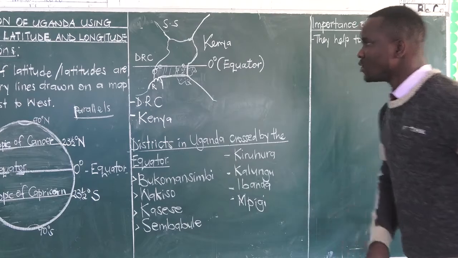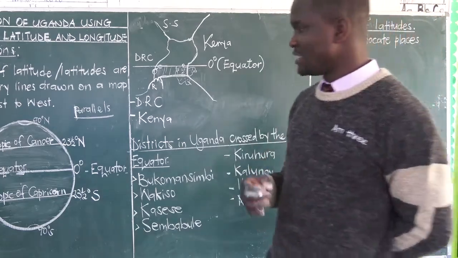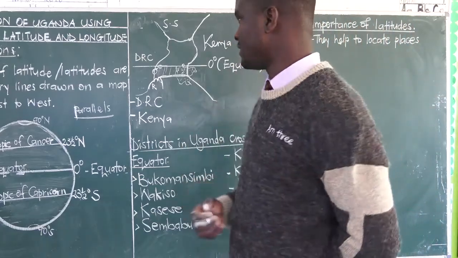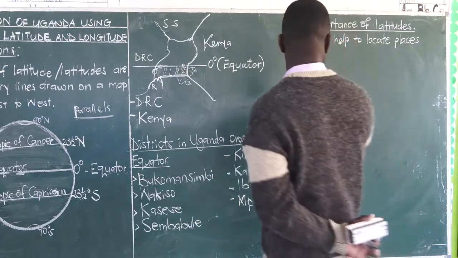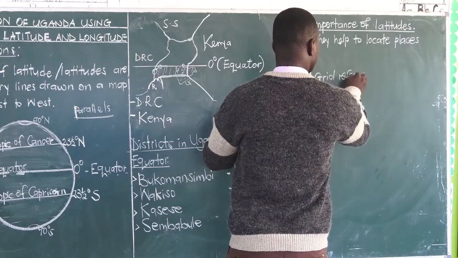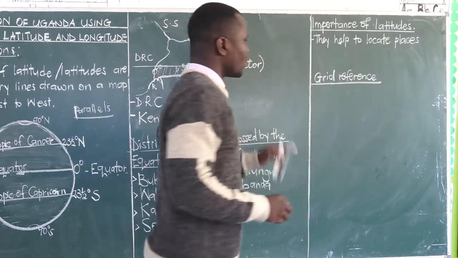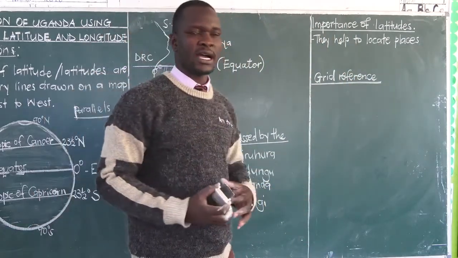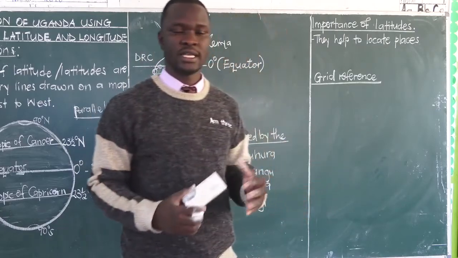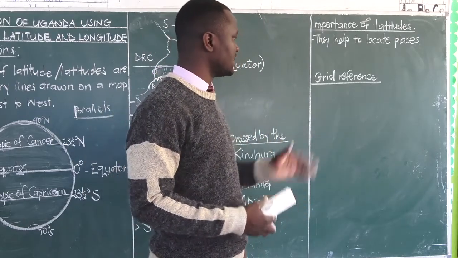Remember, we have said we are locating Uganda using latitudes and longitudes, and that is the method that we call grid reference. I forgot to tell you that at the beginning of our lesson. What we call grid reference is the method of locating places on a map using latitudes and longitudes.